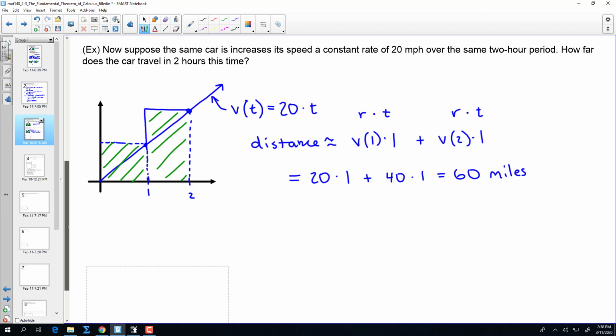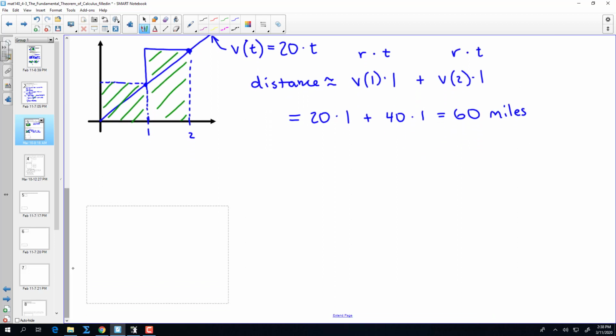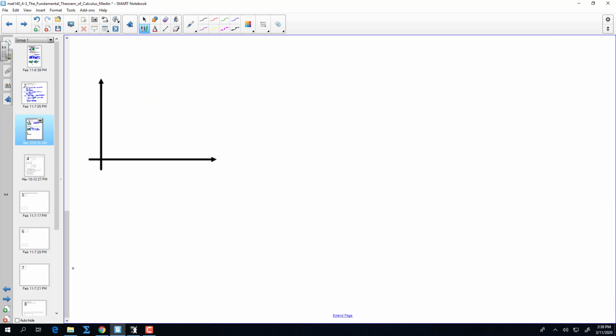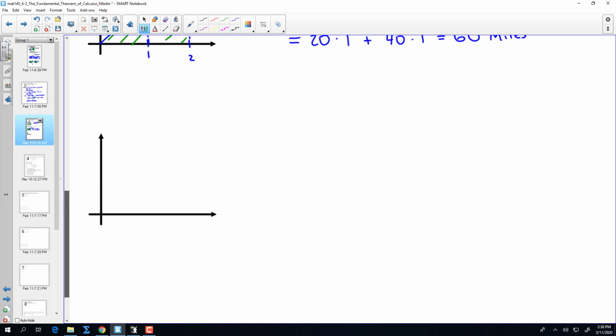He was clearly not traveling 20 miles per hour during that entire interval. And I would understand your discomfort with that. But what we could do then, if we wanted a better estimate, is increase the number of times where we test to see how fast the car is traveling.